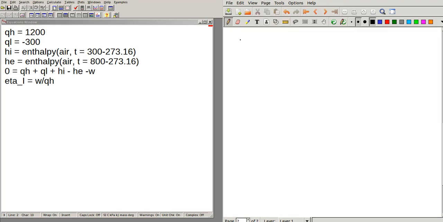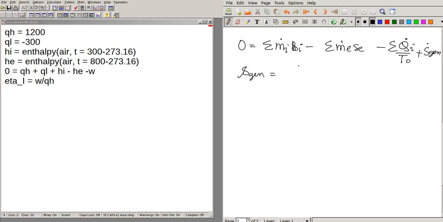For the steady state steady flow process, 0 is equal to summation of m dot_i s_i minus summation of m dot_e s_e minus summation of Q dot_i by T_i plus S dot gen. If I divide by the mass flux, then I have simply s_gen equal to summation of Q by T plus s_e minus s_i.